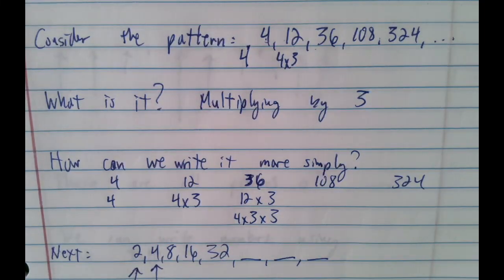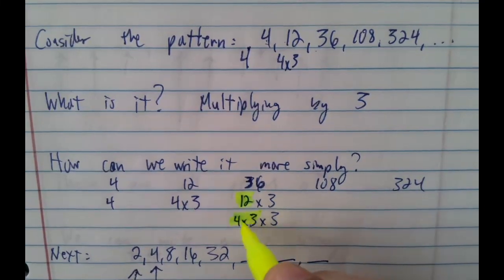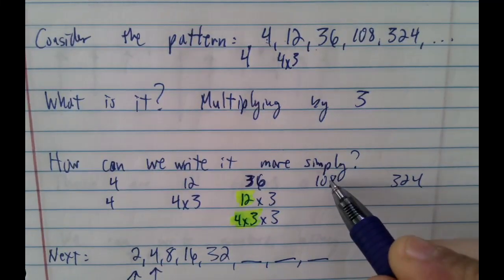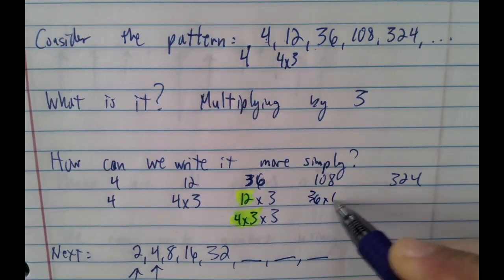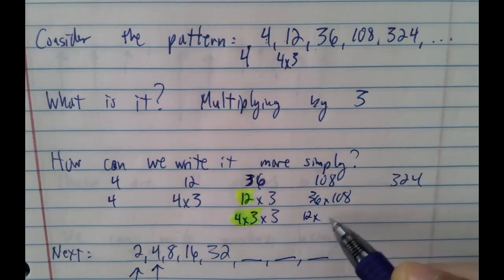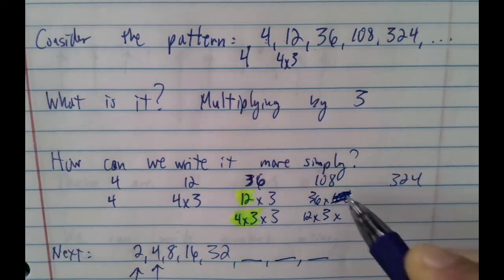Let's see if I have any highlighters. I must have left those. So here's what I really want you to see. This 12 was really this 4 times 3. Well, what would happen here? I multiplied the 36 times 3 to get 108. Where did I get the 36 from? 12 times 3.